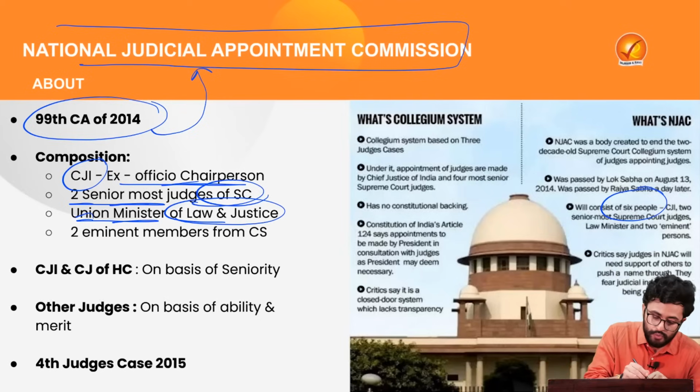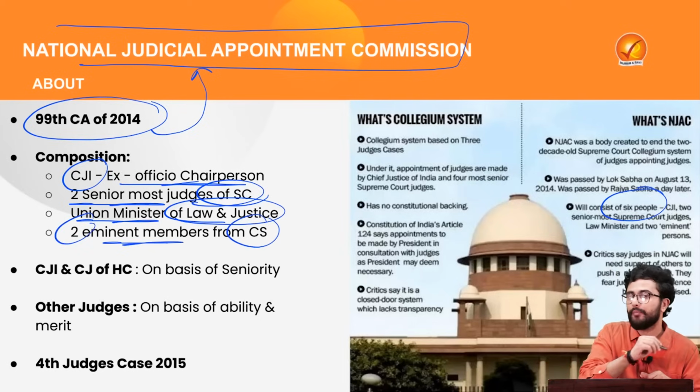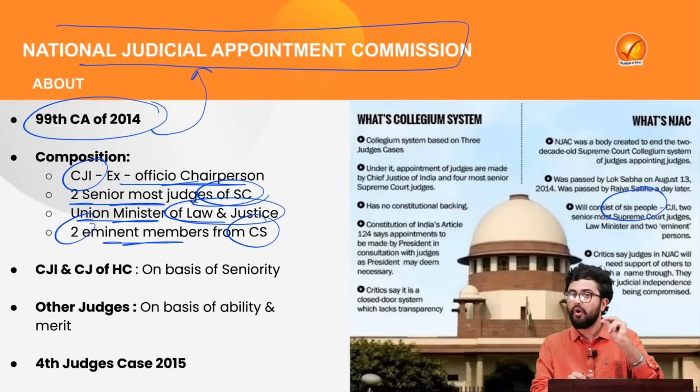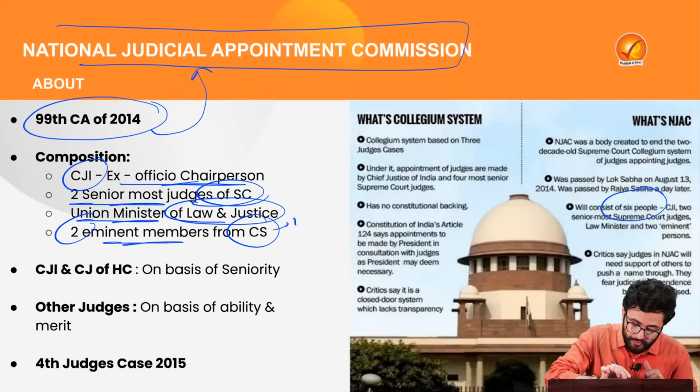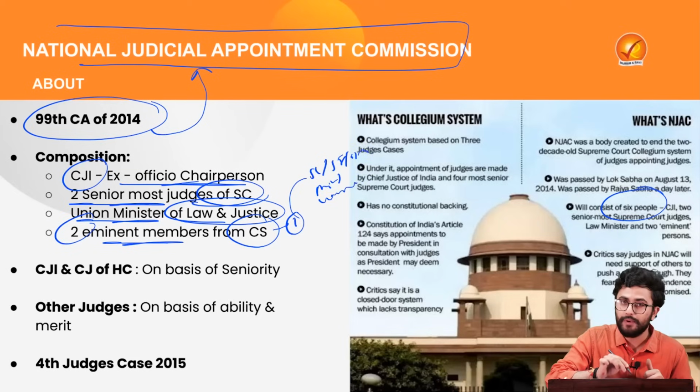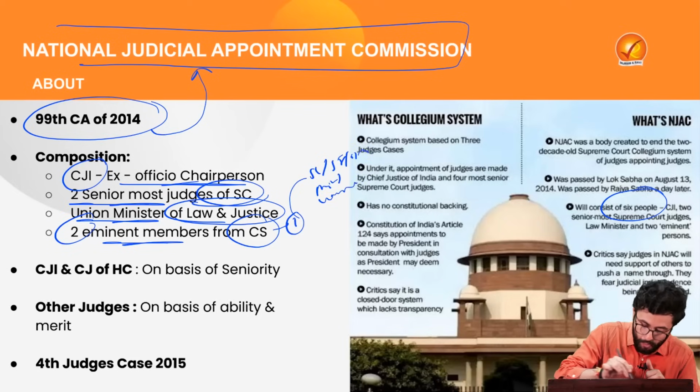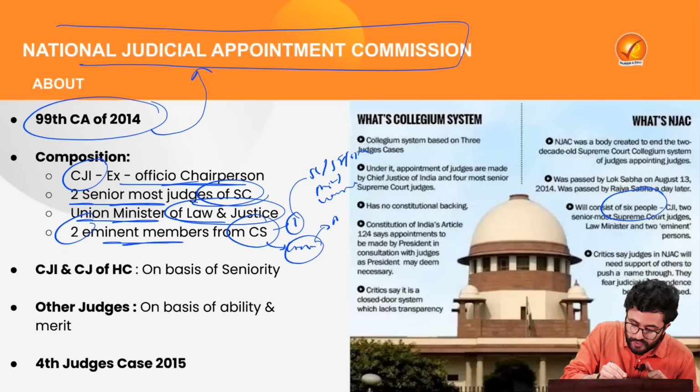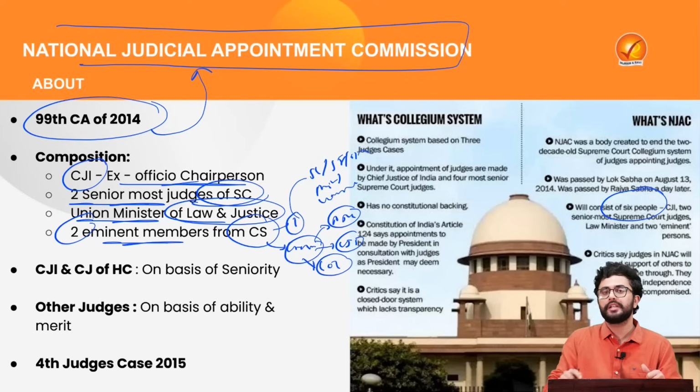And then there will be 2 eminent members appointed from civil society. At least one of the members will come from SC, ST, OBC, minority or women. And for the appointment of such eminent members from civil society, there will be a committee comprising the Prime Minister, the Chief Justice of India and the Leader of Opposition in Lok Sabha.